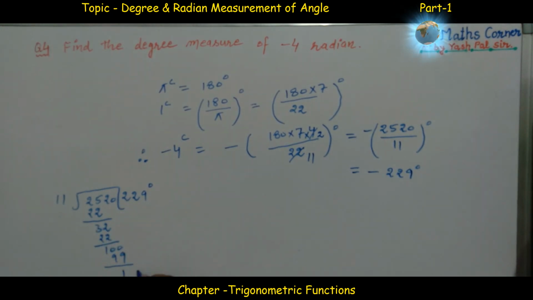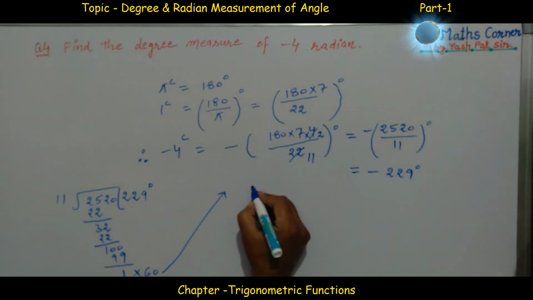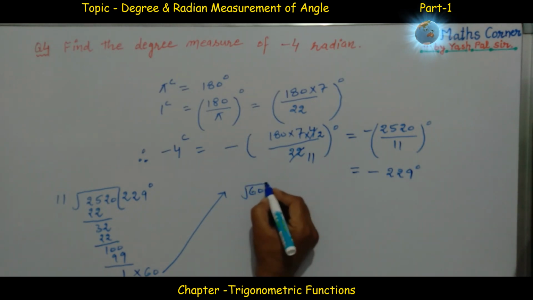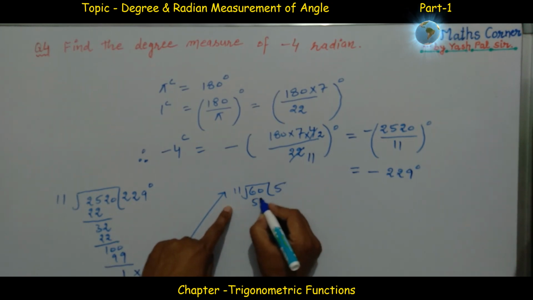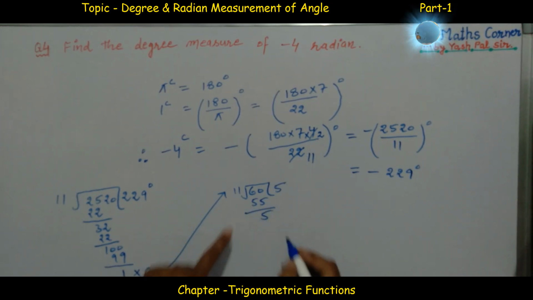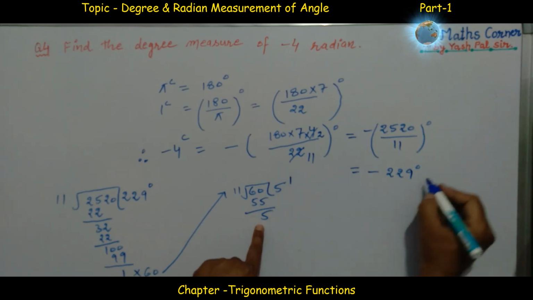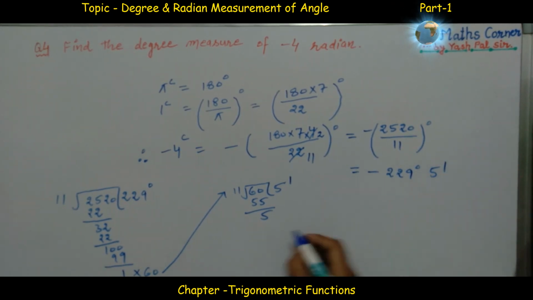Thereafter we multiply this by 60. This goes here. 60 is divided by 11. 11 fives are 55. 5 is the remainder. So this is minute. 5 minute. Thereafter again we multiply by 60.